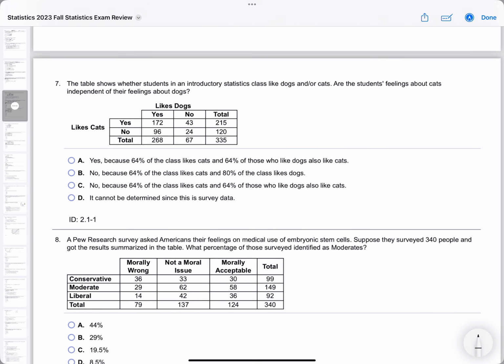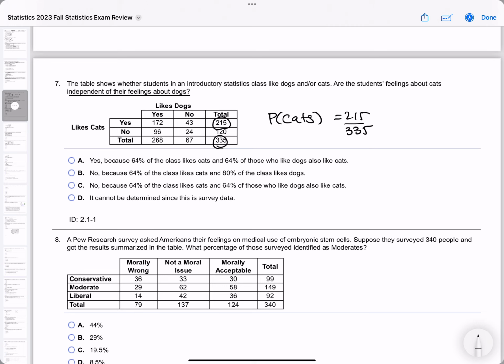Number 7, it's asking if they're going to be independent. Independent means the probability of one doesn't affect the other. Let's say how many like cats. The probability of liking cats is 215 out of 335.